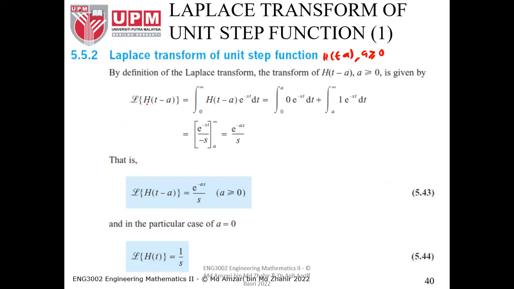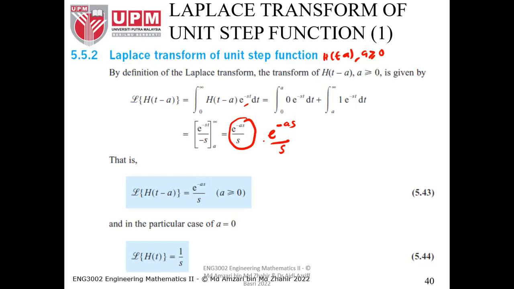Okay, we know that the Laplace is the integration from 0 to infinity of the function times exponent negative st. So when we simplify this one and put in the limits, the Laplace transform of h(t minus a) is exponent negative as divided by s.